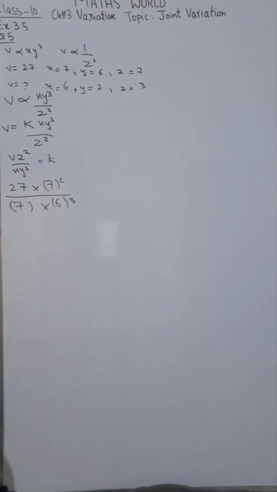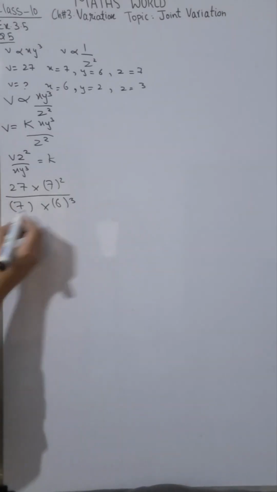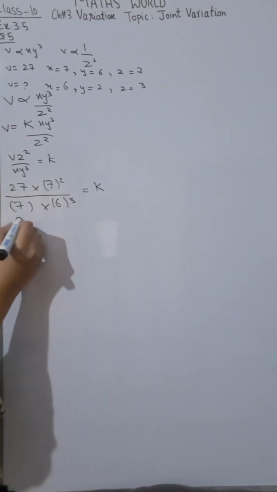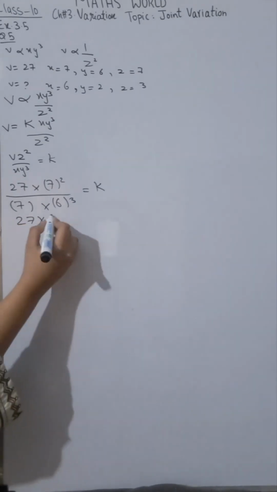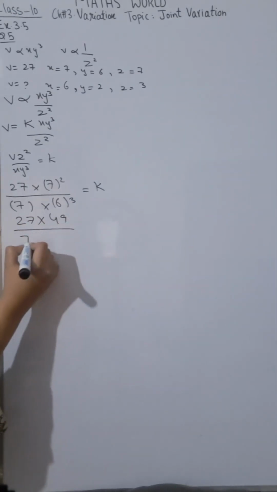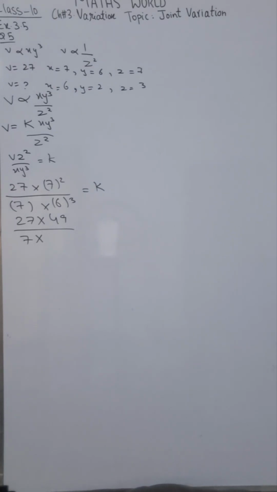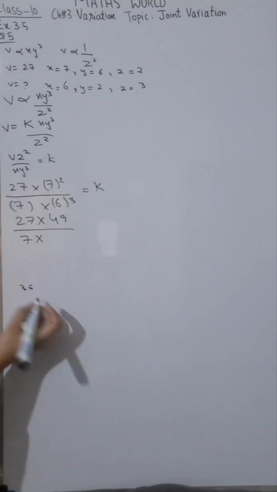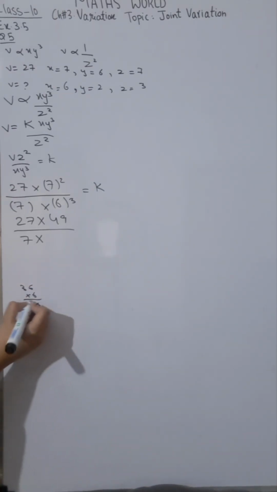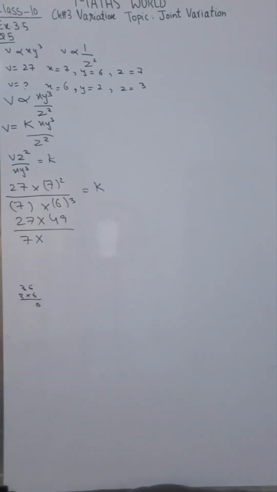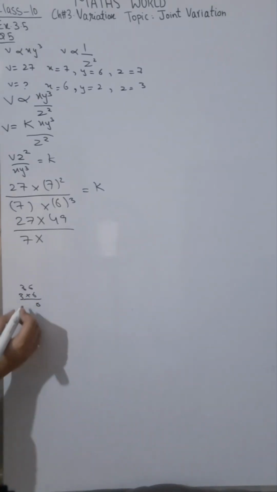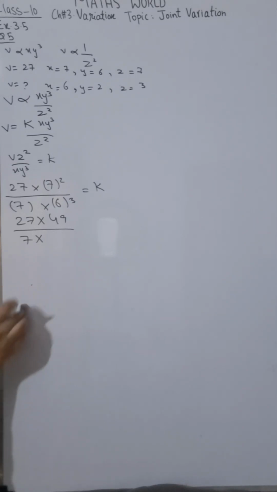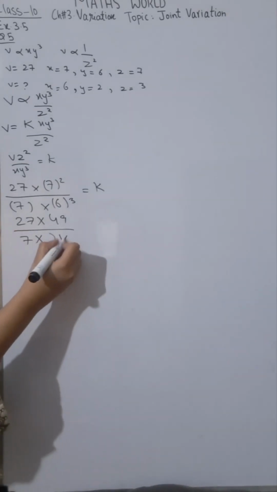So now if you write it equal to k, 27 multiplied by 49, over 7 into 6 sixes are 36. If you don't know, you can write it simply. I'm just doing this so that you may have the easy method. I know, but I want you to get easy head techniques also.